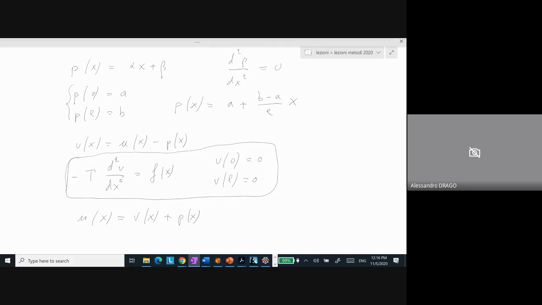So the first step is to rewrite the strong boundary value problem in another form that will involve an integral and can be interpreted as a sort of variational approach. The second step is, okay, but still, I should span a space of infinite dimension. I don't know what to do.